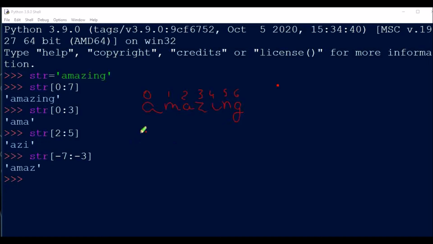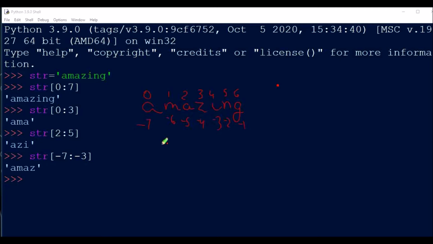And if we talk about the negative index, then it will start from here, -7, -6, then -5, -4, -3, -2 and -1.